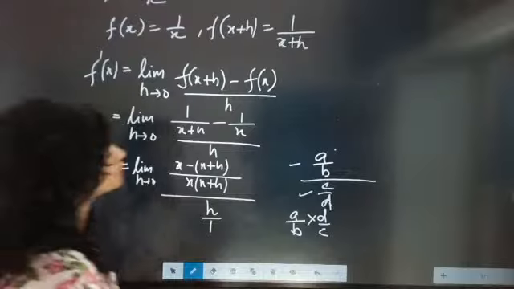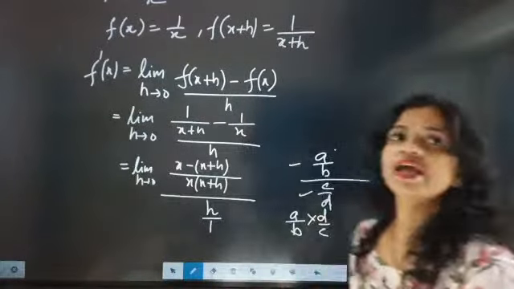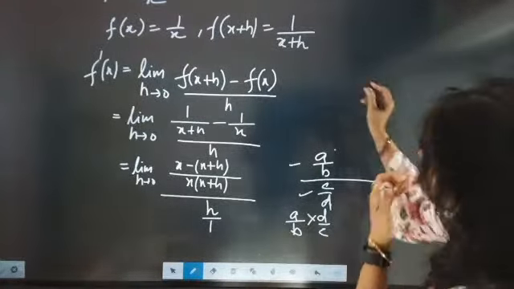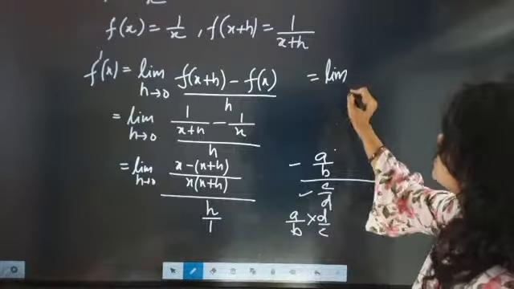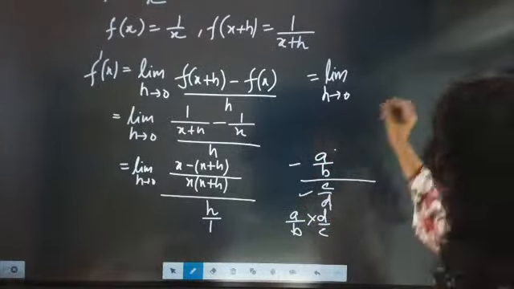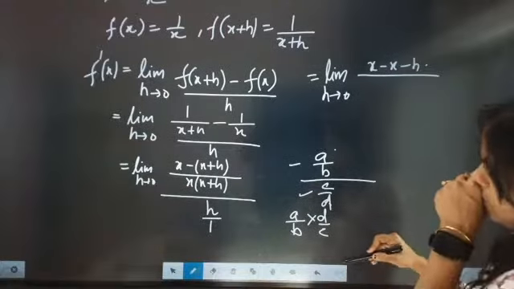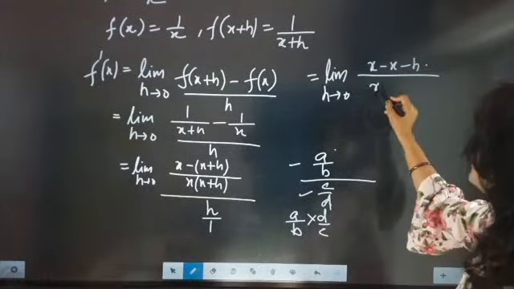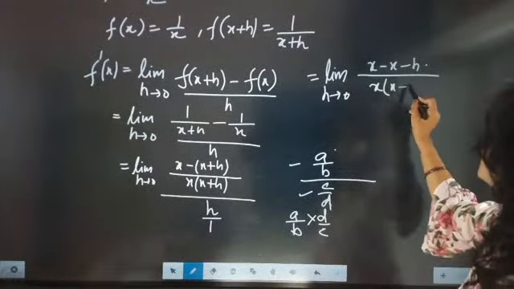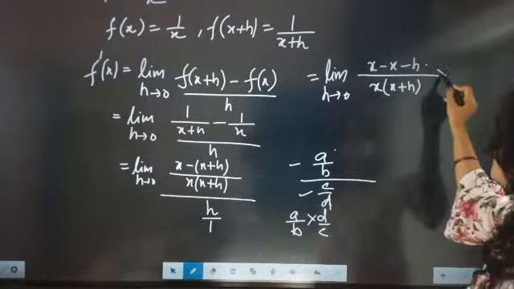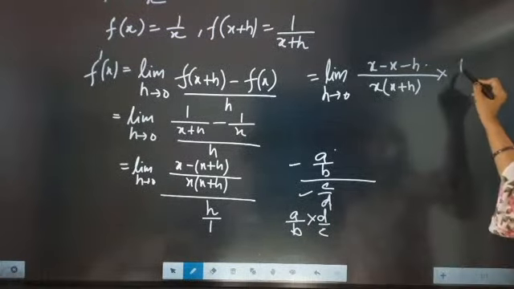So the same logic I am going to apply here, and by applying that logic, we are exactly going to write it as limit h tends to 0. This part will become minus h by x into x plus h, into 1 by h.